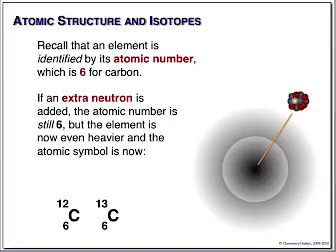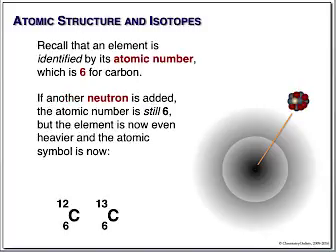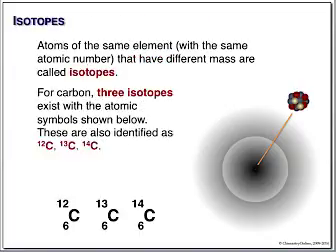I could do it again. And now I have a mass number of 14. These are isotopes. Isotopes of an element have different mass numbers, but they have the same number of protons in the nucleus, so it's the same element.